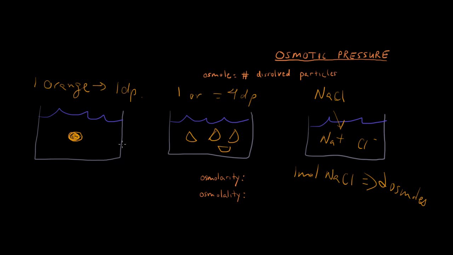And here we have osmolarity and osmolality. They both describe the concentration of osmoles. Osmolarity is osmoles per liter, and osmolality is osmoles per kilogram of solvent.